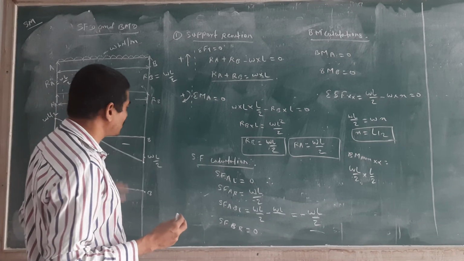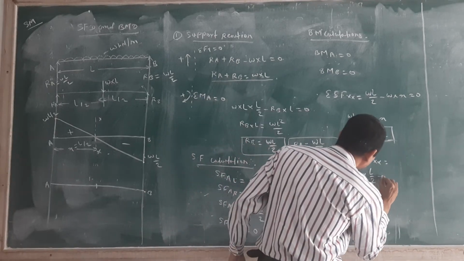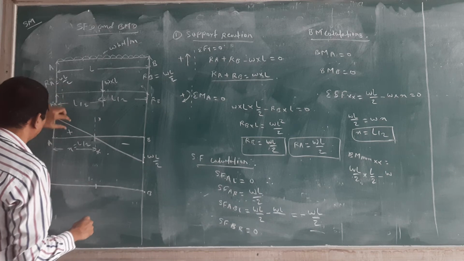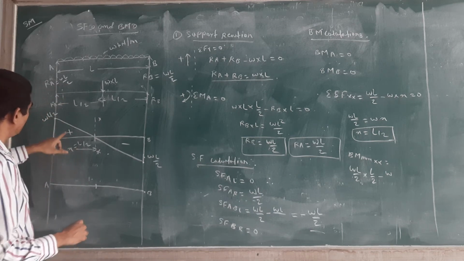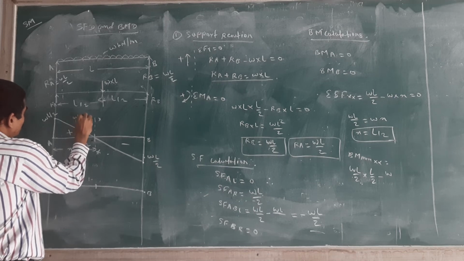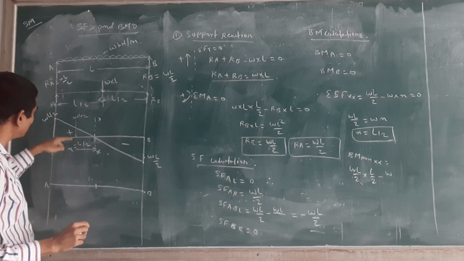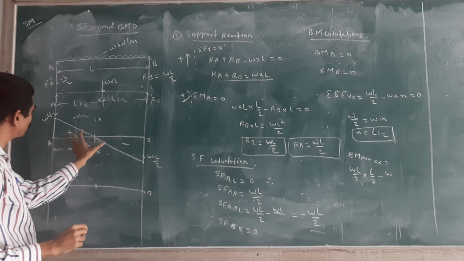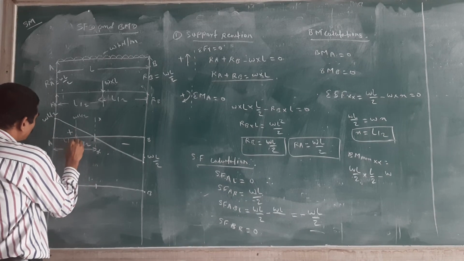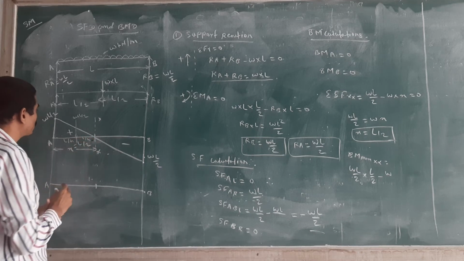Up to the distance XX, because if this load is going here, we will consider this WL. Here is W into L by 2. Where is that? At the CG of the distance A to XX, which is half of that. Here you will get the L by 4 distance.